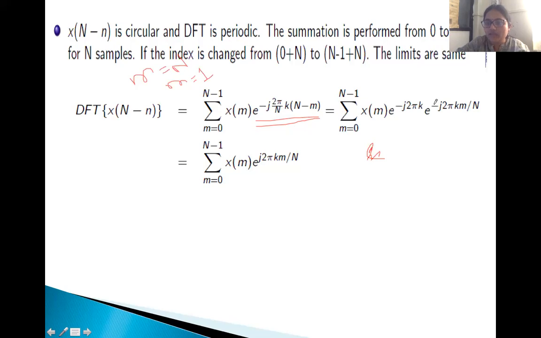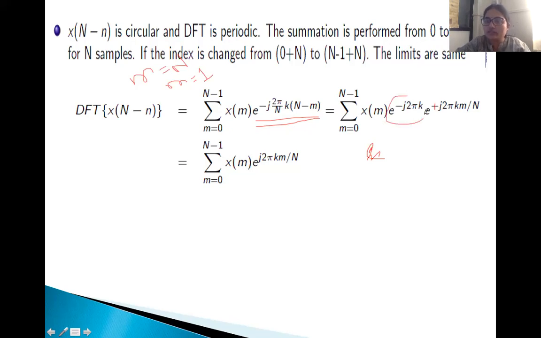So here it is actually plus. So e raised to this minus is plus. So it is e raised to j 2 pi k m divided by capital N.